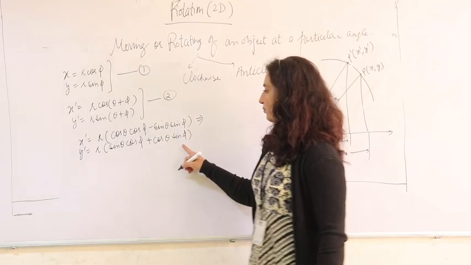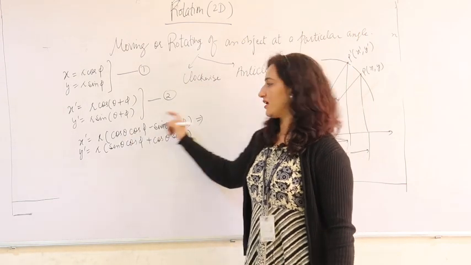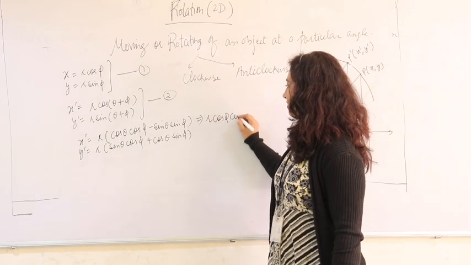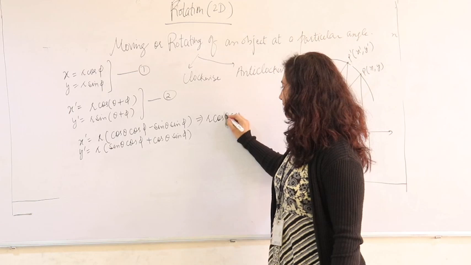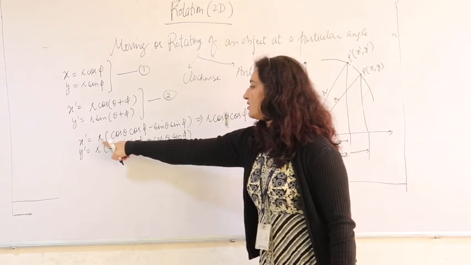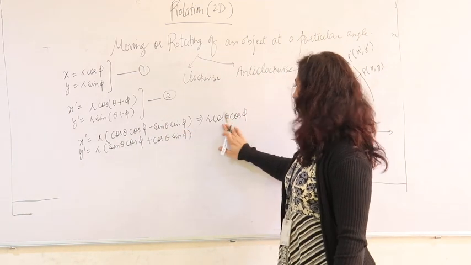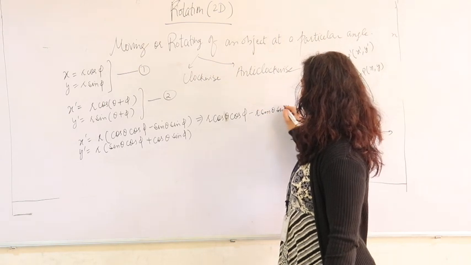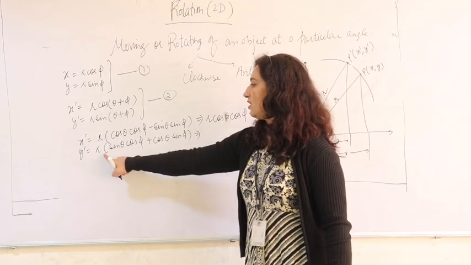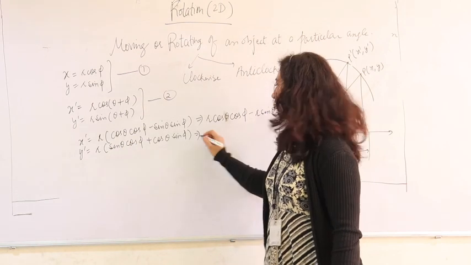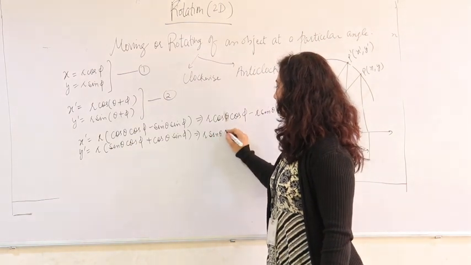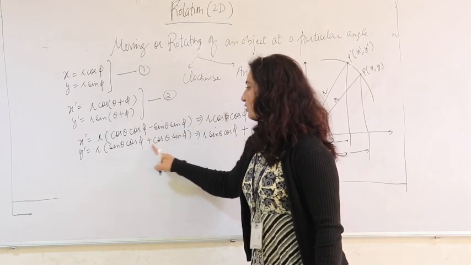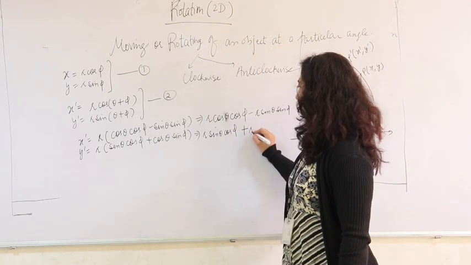Clear? So after opening this bracket, r cos theta cos phi minus r sin theta sin phi. Similarly from here, r sin theta cos phi plus r cos theta sin phi.